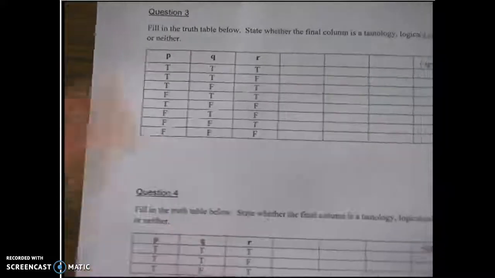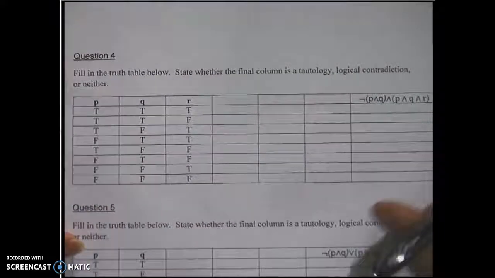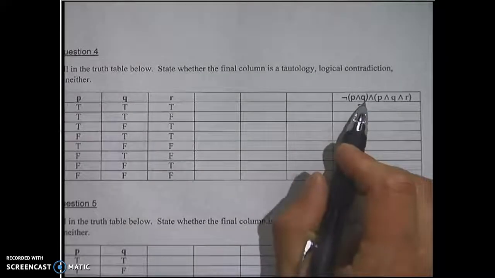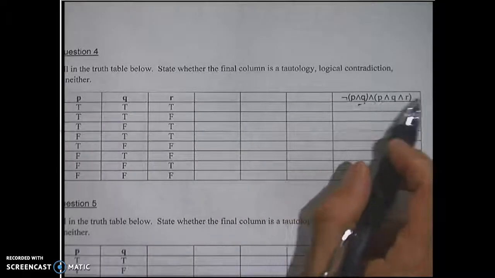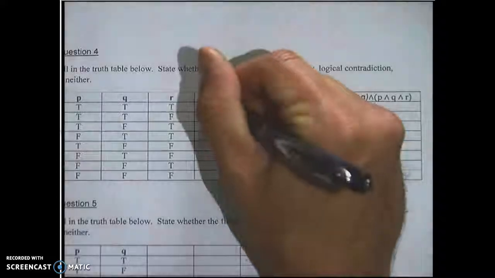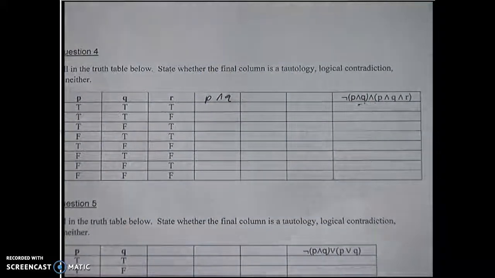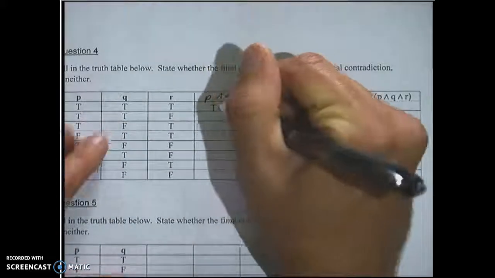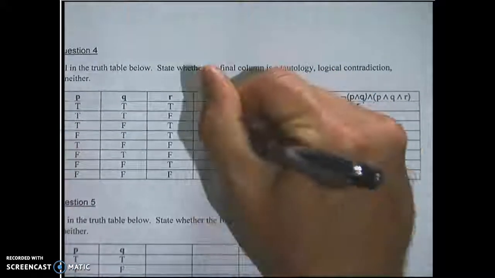I'm going to skip ahead to question 4 here, and I'm looking at not (P and Q) and (P and Q and R). So let's start with the P and Q first. And again, this is when both P and Q are true. So I'm going to have two trues here and the rest false.